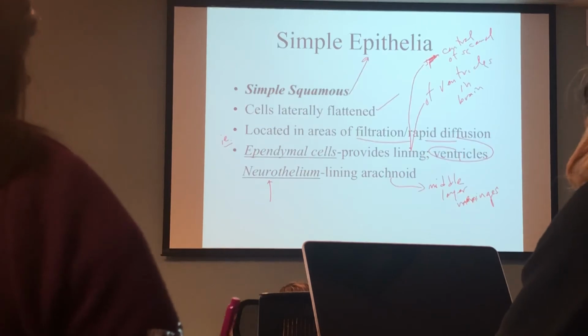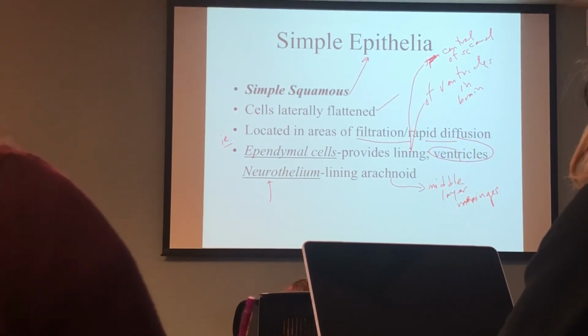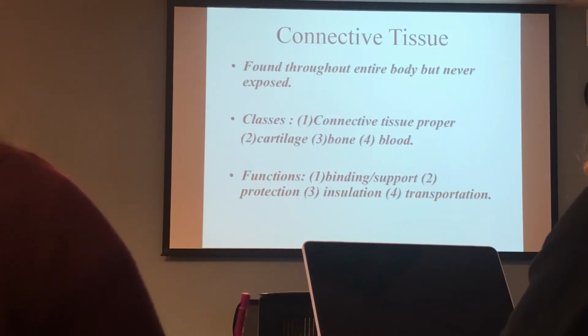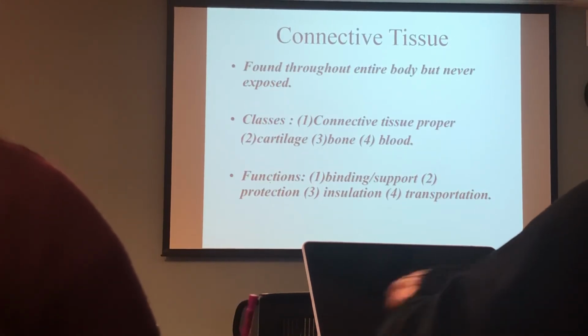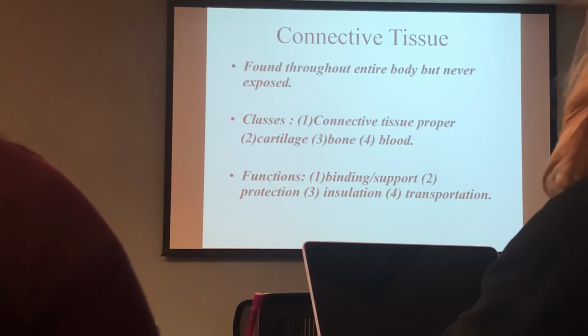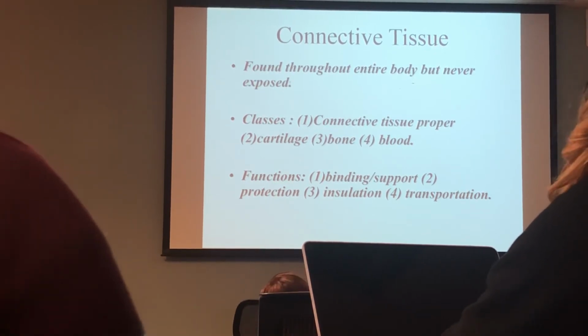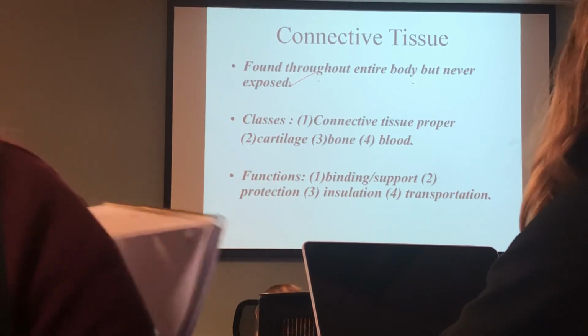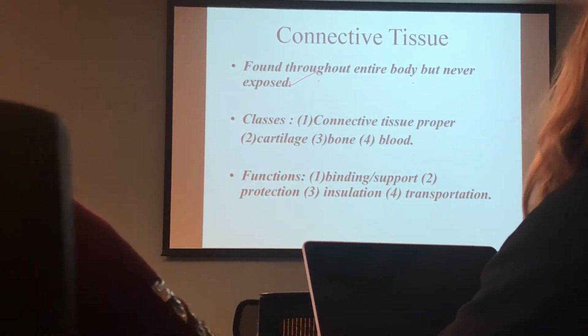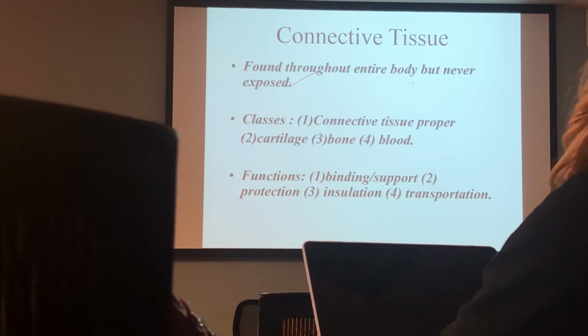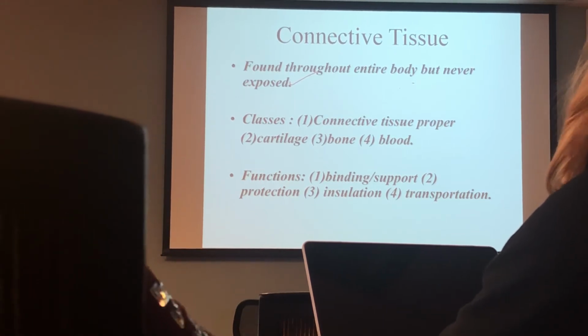Always remember, epithelium always overlies, always sits on top of connective tissue. Or CT is always deep to an epithelium. You find it everywhere in the body, it's never exposed. If CT is exposed, there's most likely an injury, a lesion. Here are the classes of CT.